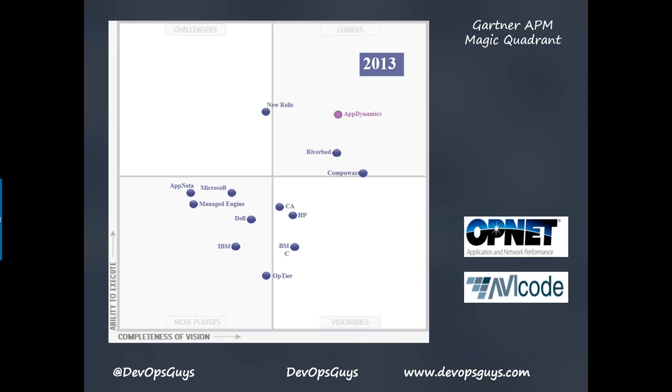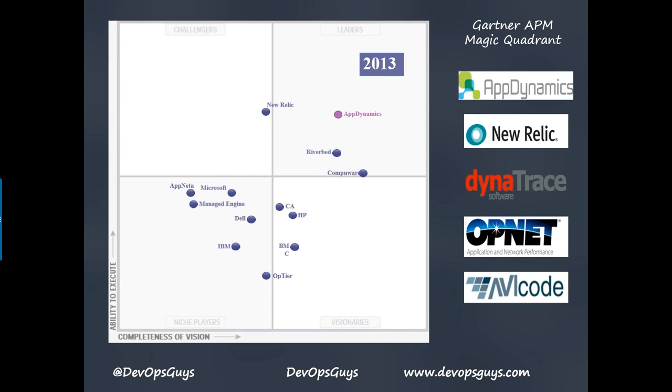We can see the traditional vendors moving down into the bottom corner. Avocode, acquired by IBM, OpNet acquired by Riverbed, Dynatrace acquired by CompuWare, New Relic and AppDynamics still as independent vendors in the space, but as a general rule, the traditional vendors are moving in the bottom direction, and only those vendors that have actually acquired a startup in the last year or so are still making it into the top corner of the Gartner Magic Quadrant.